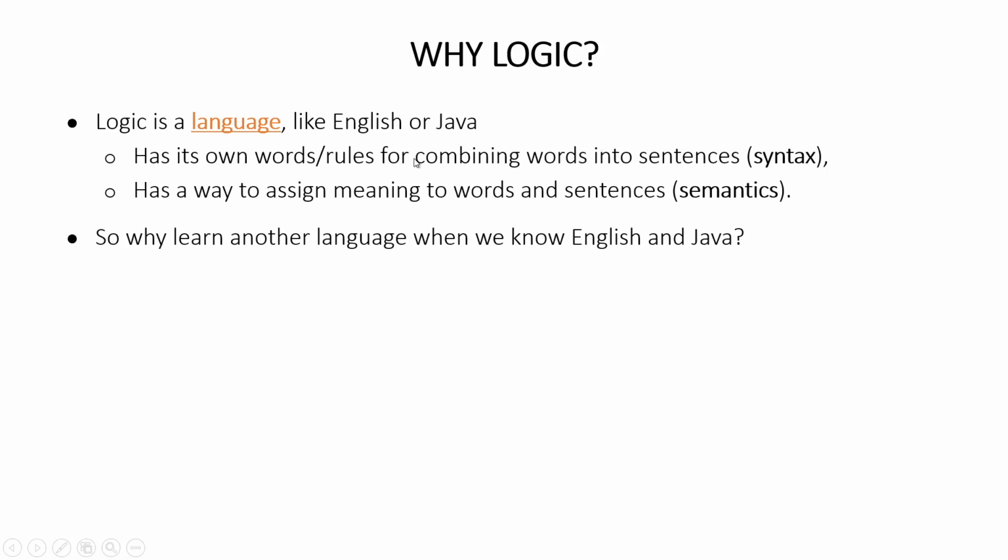All these languages basically have some words and some rules to combine these words to make sentences, and that's the syntax. So I might write down some combination of letters or words that don't make sense, but they still are written in, I don't know, Java or in English, right? They might not compile. So for something to compile or to make sense, we need to look at the meaning of these words and sentences, and that's called the semantics.